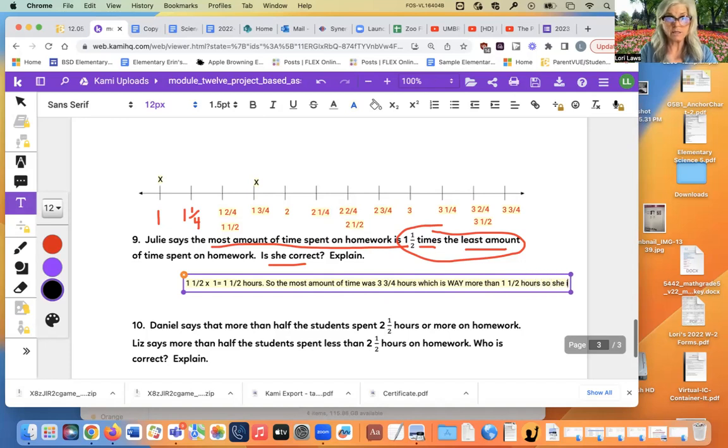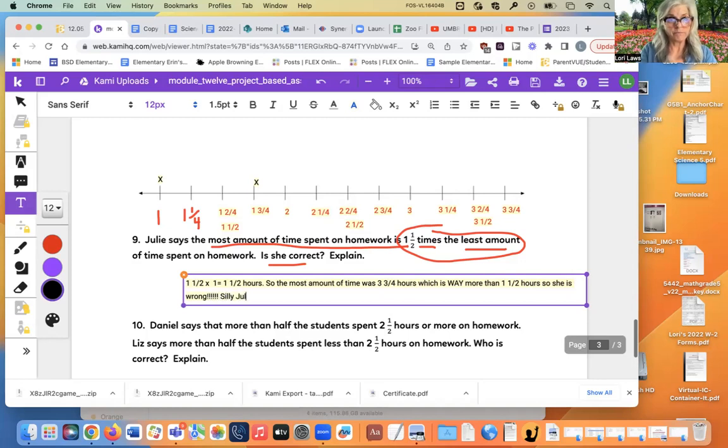So she is wrong. Silly Julie. So that's what you have to do, is figure out what 1.5 times the least amount was, and then see if Julie is right.